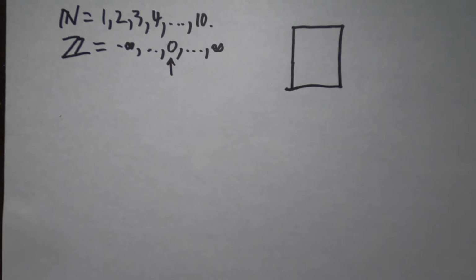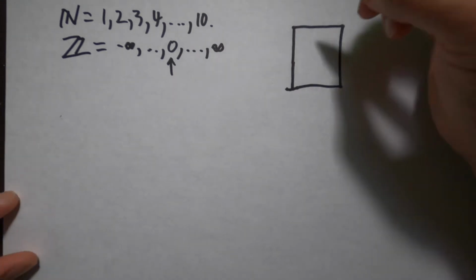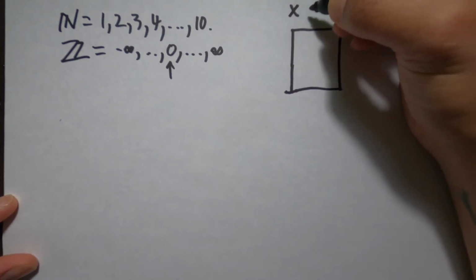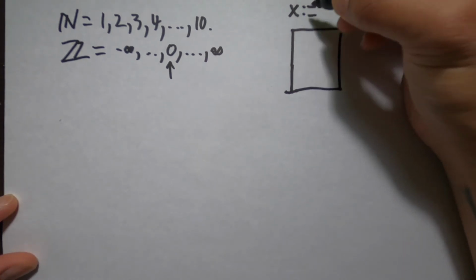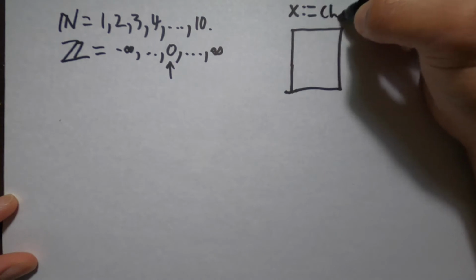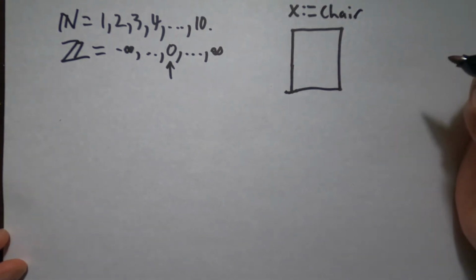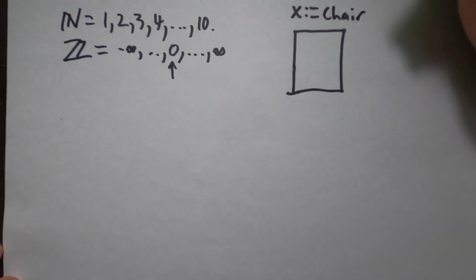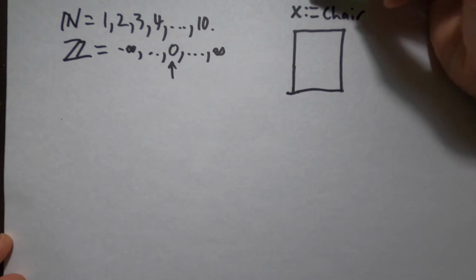So what we will do instead is we'll write out chair, but we also don't want to write the word chair down all the time because it's going to become tedious. So I'm going to write this X, and I'm going to define this X. X is defined as a chair. Now I'm using this symbol right here, which means defined, but I'm loosely using it.